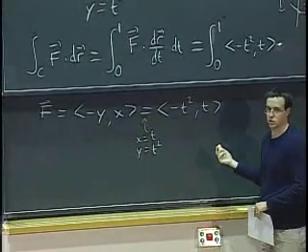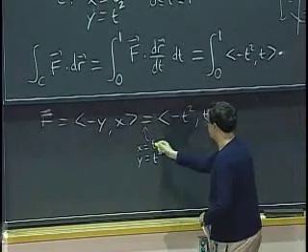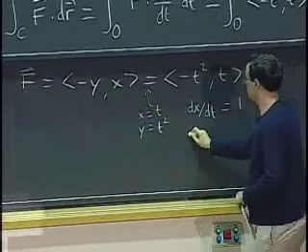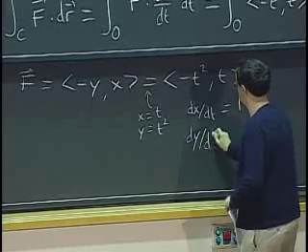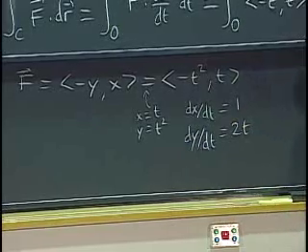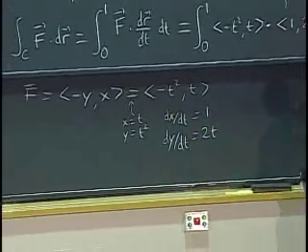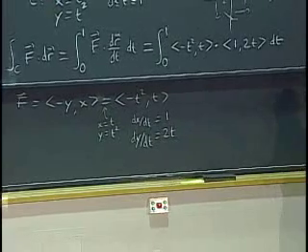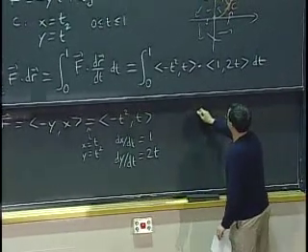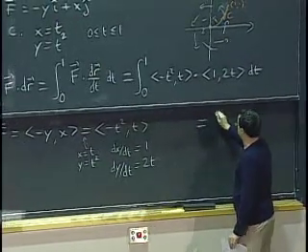What is the velocity vector? dx/dt is just 1, and dy/dt is 2t. So the velocity vector is (1, 2t) dt. Now we continue the calculation.